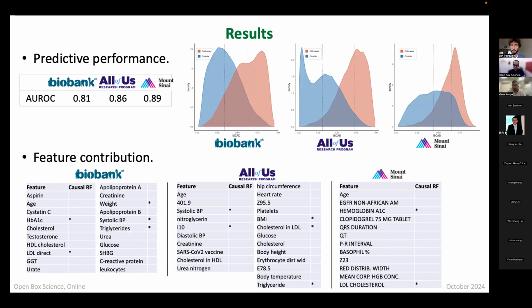Labs and vitals would be continuous, so for those, we scale the data. For categorical data, we perform feature selection within each of the two classes, and then we throw that into a tree-based model, a random forest model.